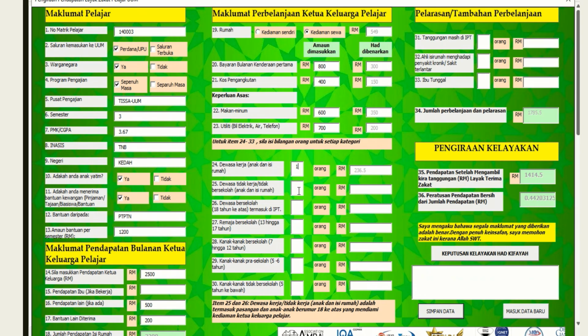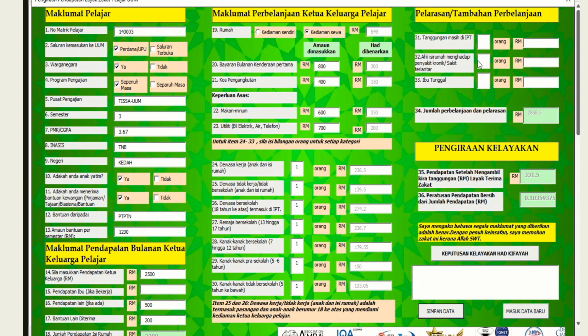If there's any adult who's not working, or adult working, we just put one for each. So there is an amount given as the had kifayah for each category, until the children who are not schooling.